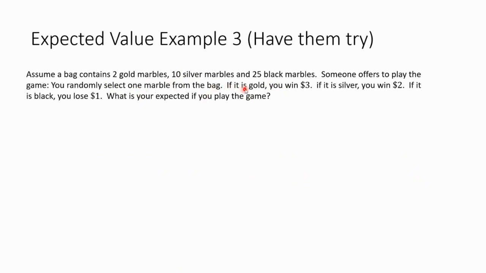If the marble you chose is gold, you win $3. If it's silver, you win $2. But if it's one of the black marbles, then you lose $1. So the person playing the game loses $1. So what is your expected value if you play this game?